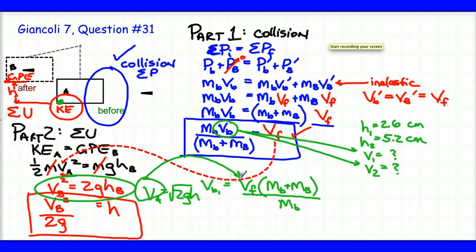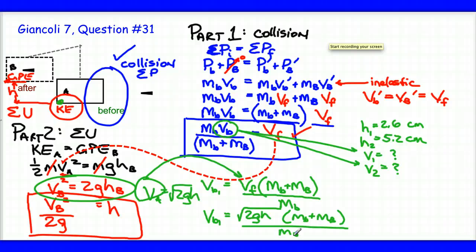So I've got a substitution going on here, and now I have an expression for the velocity of the bullet in test 1. The velocity of the bullet in test 1 is equal to root 2gh times (m_b plus M_B) divided by the mass of the bullet. Okay, so this is an important expression, and it's what we're going to use to solve this problem.